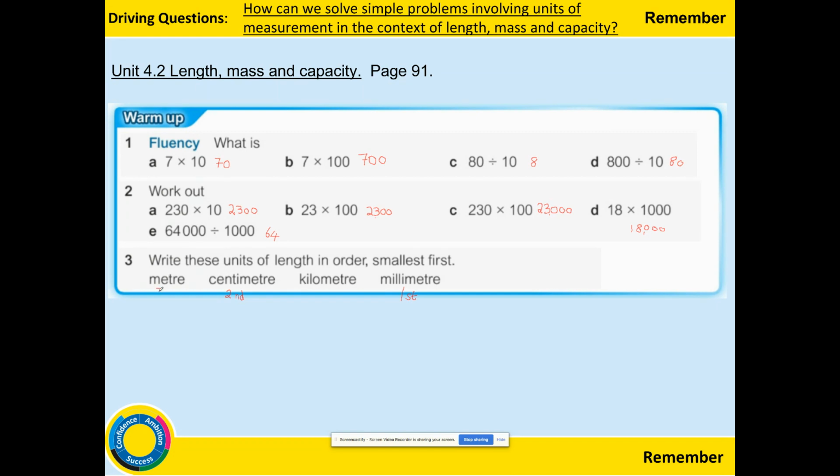So the meter will be third. And there's 1,000 meters in a kilometer. So the kilometer is fourth on your list. Either tick those or change them if you've got errors. And then we'll move to the next slide.